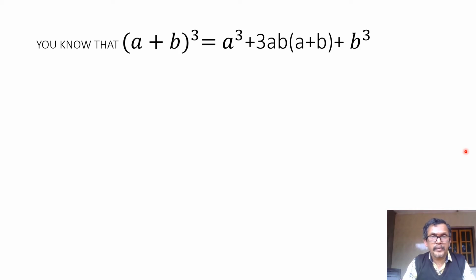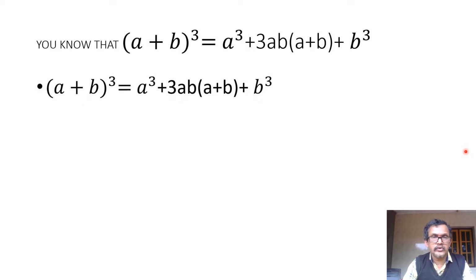You know that a plus b whole cube equals a cube plus b cube plus 3ab into a plus b. So we want the formula or factors of a cube plus b cube.